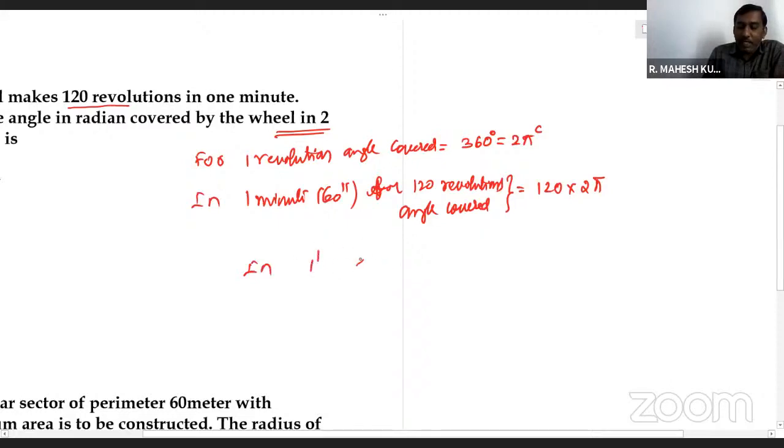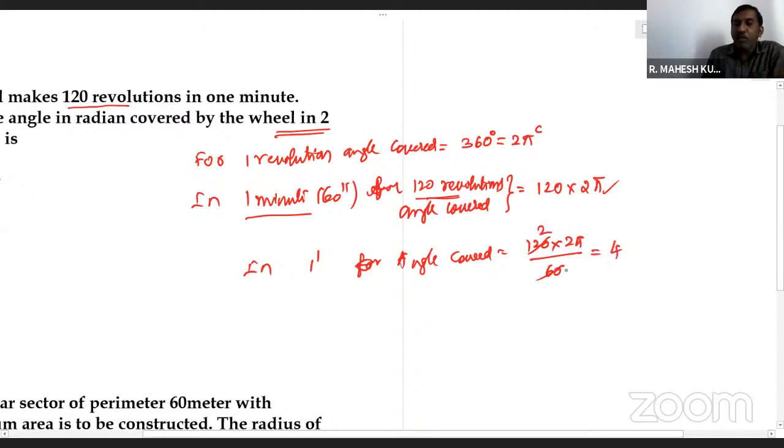In 1 minute the angle covered is for 120 revolutions. In 1 second, the angle covered is equal to 120 into 2 pi divided by 60. 60 goes into 120 two times, so it is going to be 4 pi.